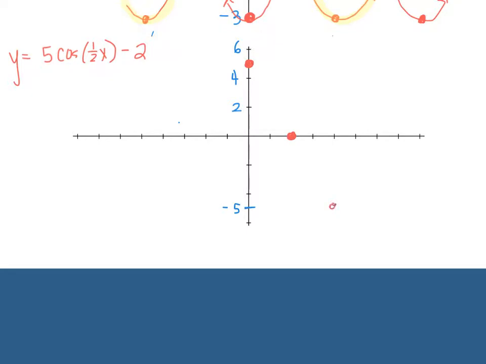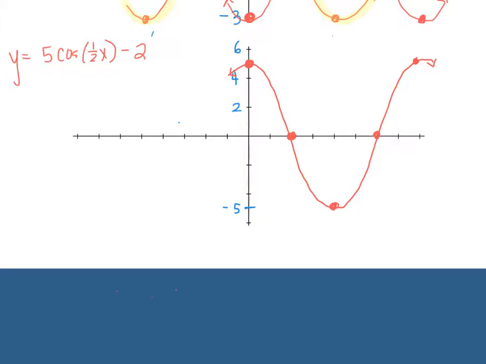So, about like this. All right, so there's my graph.